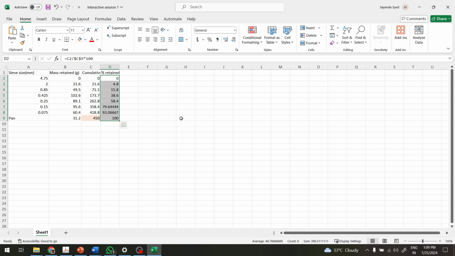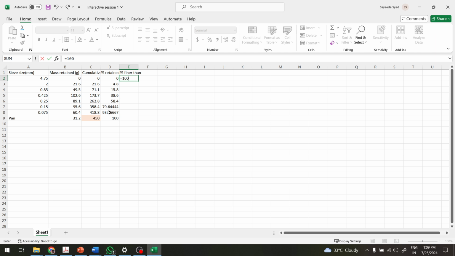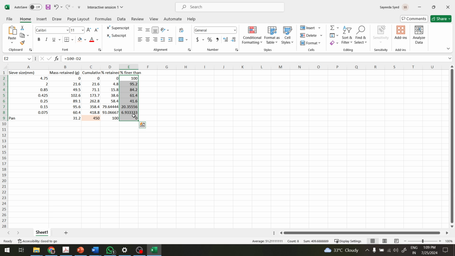So this will be our percentage retained, and now we want to calculate the percentage finer than, which is basically percentage passing, which is basically 100 minus our percentage retained. So let's do that. Column B, and this is what we get.